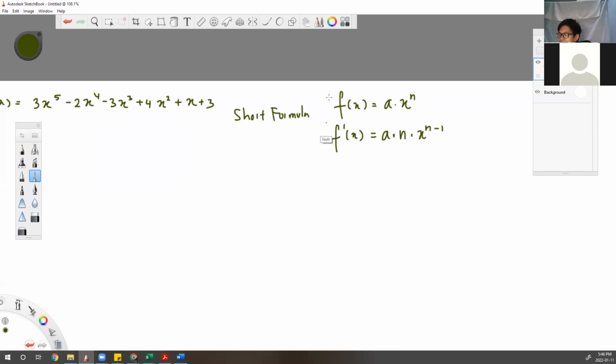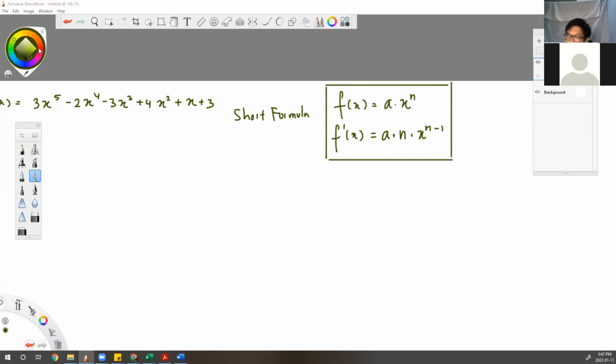Okay, this is the shortcut. Just memorize this, Vicky, so you don't have to use the limit x plus h and so on, wasting time. Just use this. Again, this is the idea. You put the n below and then you decrease the value of n, the power, by 1.